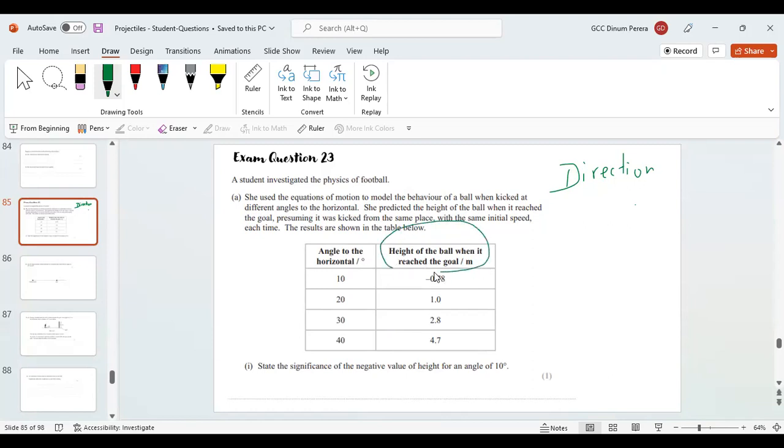And also, when they have mentioned that the height is negative and positive, I saw in some of your answers that you have mentioned the ball is traveling in opposite direction.